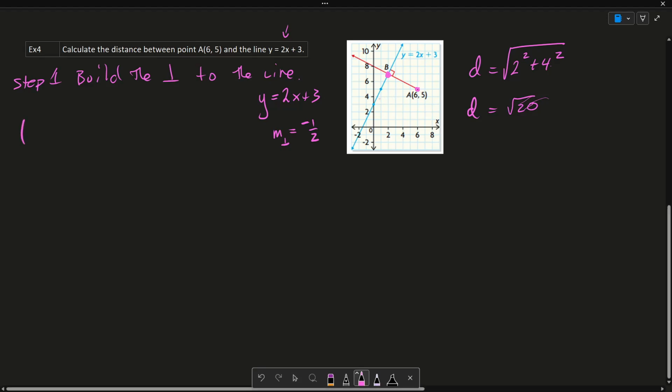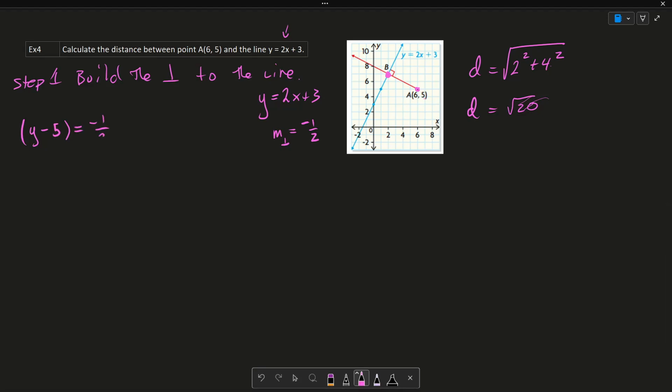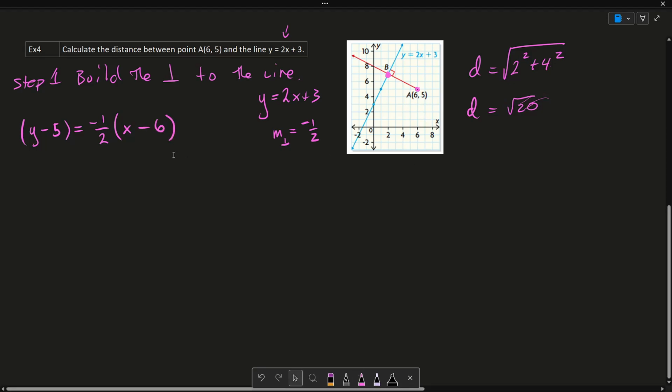Then I'm going to use point slope form. So it's y minus a y coordinate of any point on the line. Well, this pink line, I know that I've got a y coordinate of 5 here, and that equals the slope of that line, which is that, and then it's x minus any x coordinate on this line. I'm going to use the 6. Remember, this is point slope form for a line where you're given the slope.